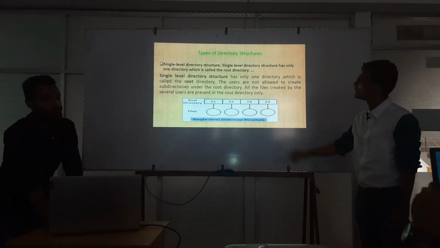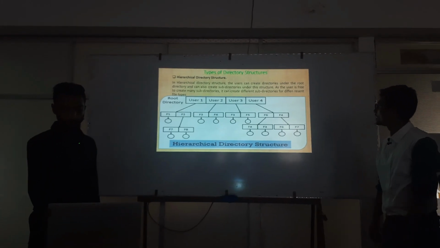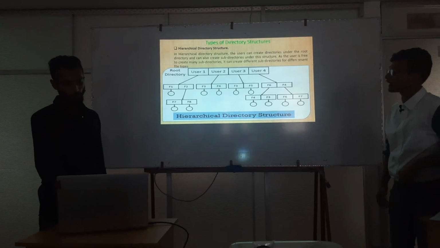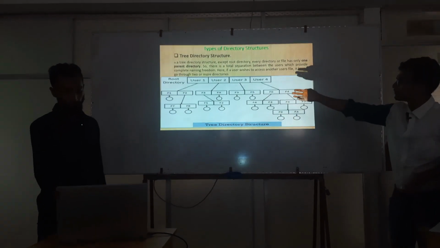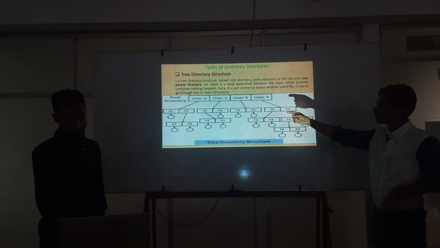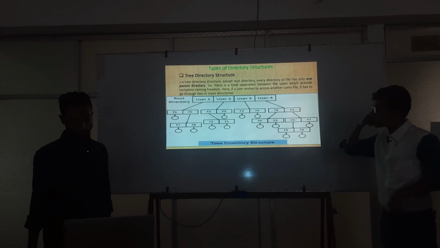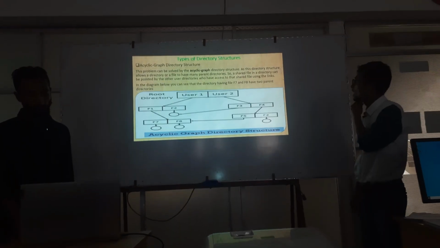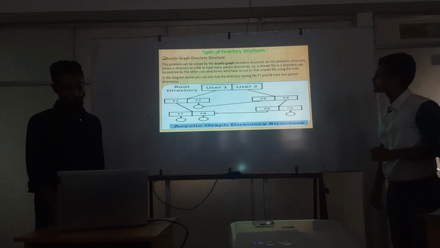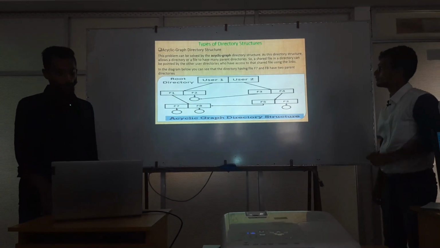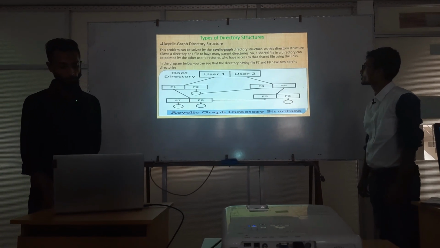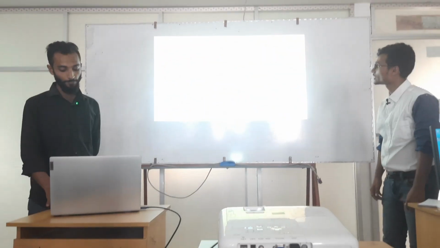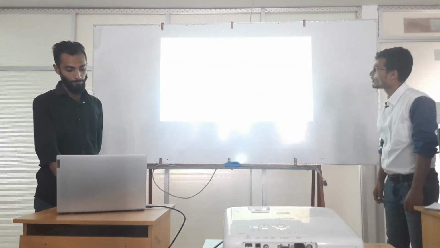You can create directories under the root and can also create subdirectories. The directory structure allows a file to have many parent directories, so for a shared file, the directories can be pointed to by other user directories who can access it by sharing the file.